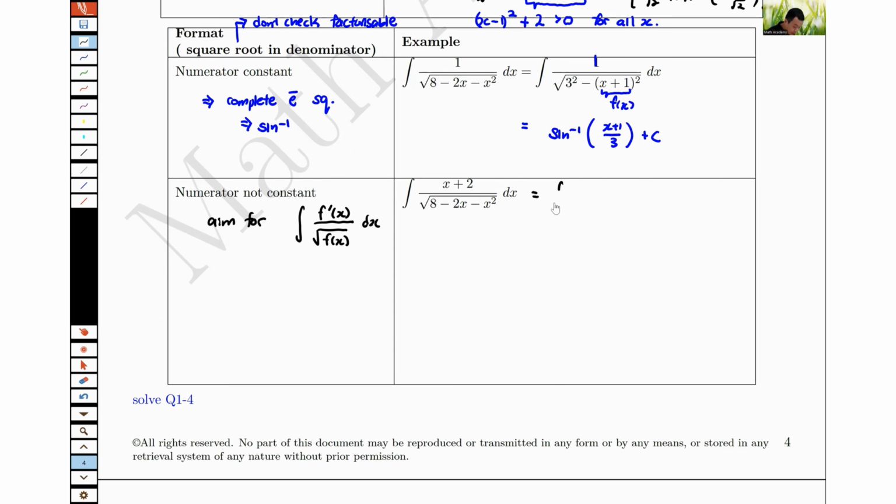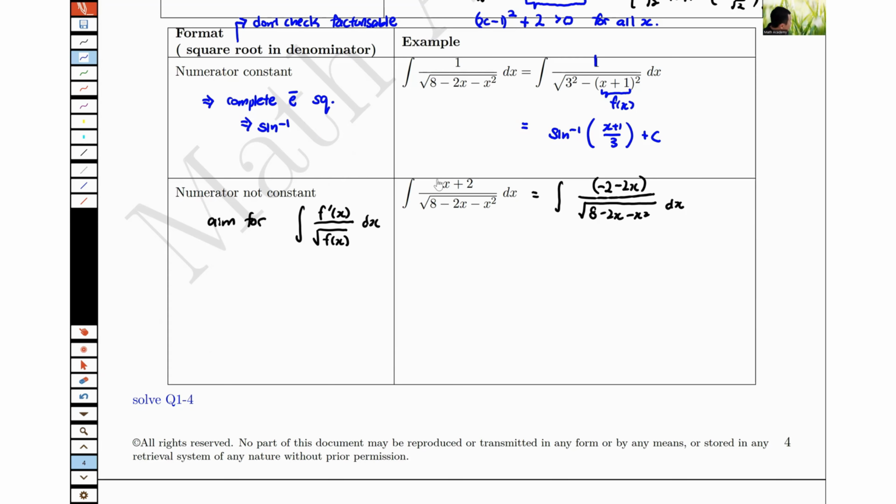And you aim for that right at the very first line. So for the denominator, I don't make any change. I want to differentiate the term within that square root, which means I will get minus 2x. Force the f prime to immediately appear at the first line.